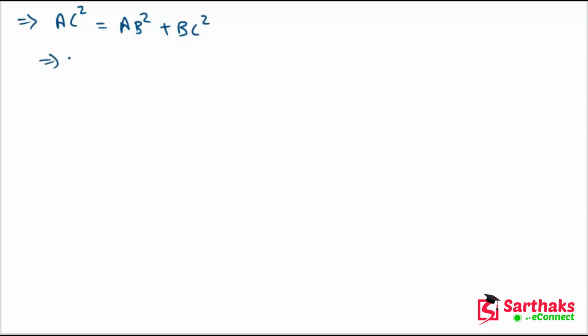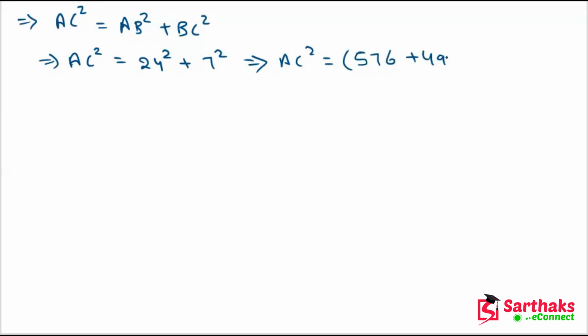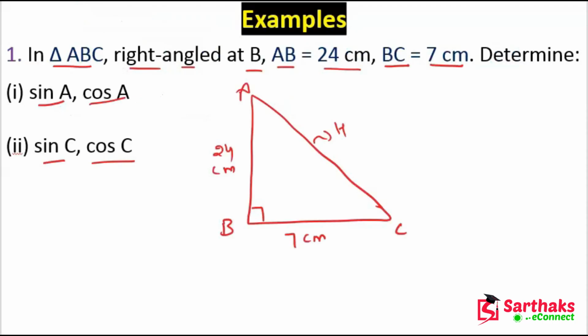AC square is equal to 24 square plus 7 square, so AC square is equal to 576 plus 49, which becomes 625 centimeter square. So AC is the square root of 625, which is 25 centimeter. So the hypotenuse is 25 centimeter. I hope you understand this.